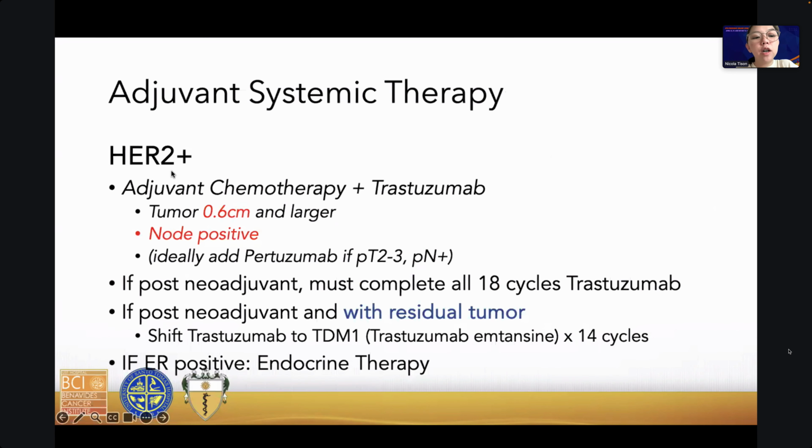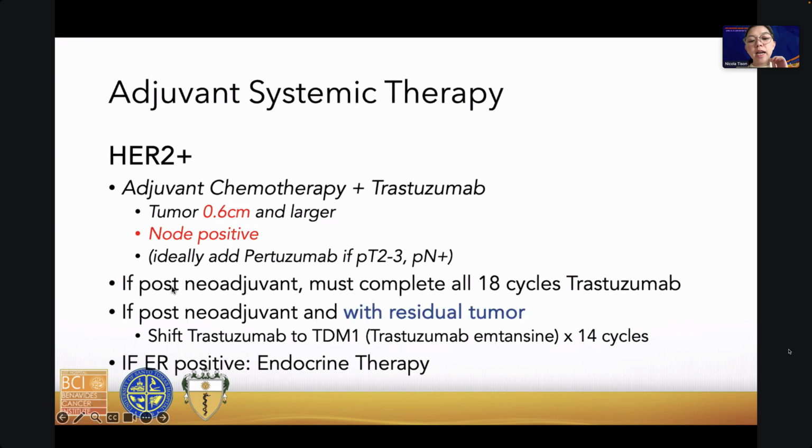Next, similarly for HER2 positive cancers, again, adjuvant systemic therapy is indicated, so we give chemo with targeted therapy if the tumor is 0.6 cm and larger, same as triple negative, or node positive. For these patients, if they are T2 to T3 or node positive, ideally we use dual anti-HER2 of trastuzumab with pertuzumab.